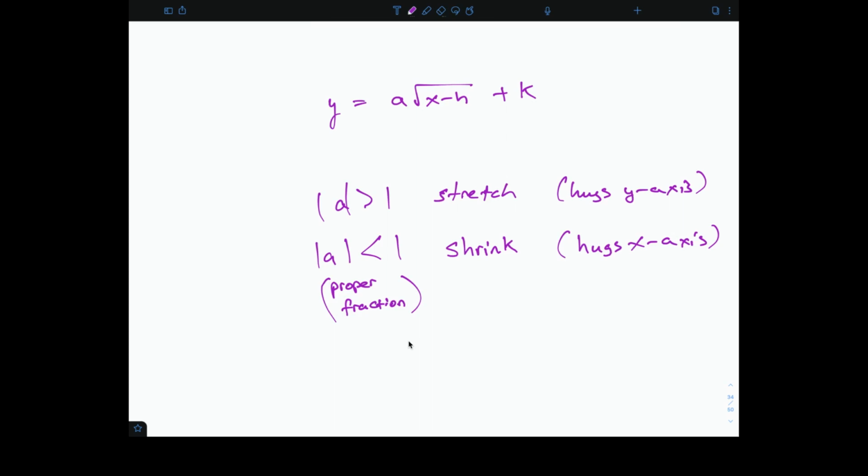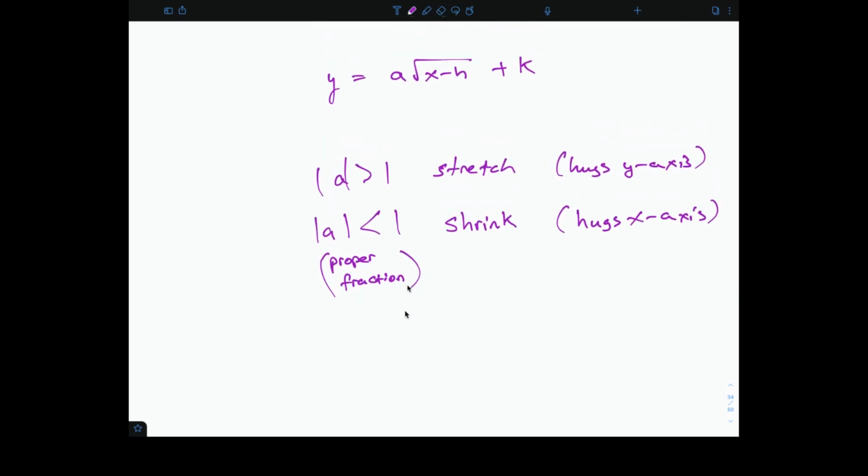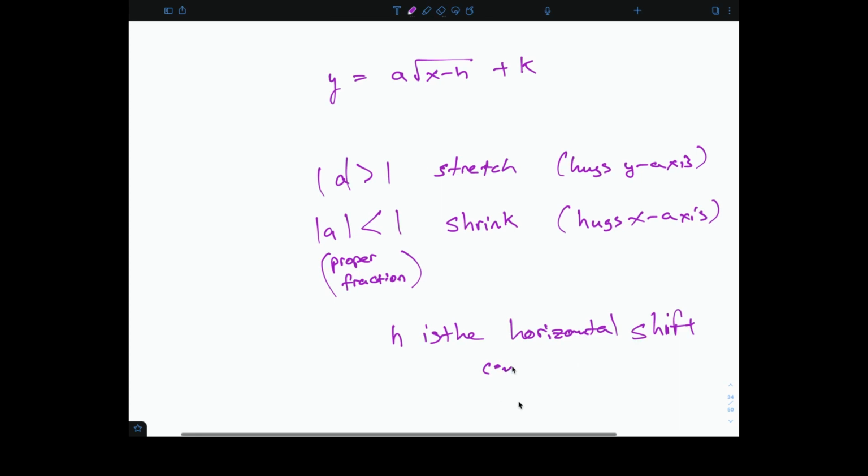If you get 0 point something, then it's a shrink, and if you get some number point something, like 1.2 or 3.4 or 5.7 or whatever, then it's a stretch. We also know h is the horizontal shift, and this is counter your intuition.